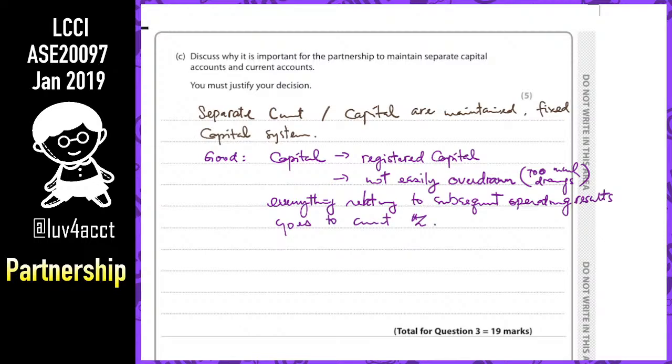It is a better way to manage the capital of the partners. It's not related to how profits are shared. Maybe I leave it to the conclusion.